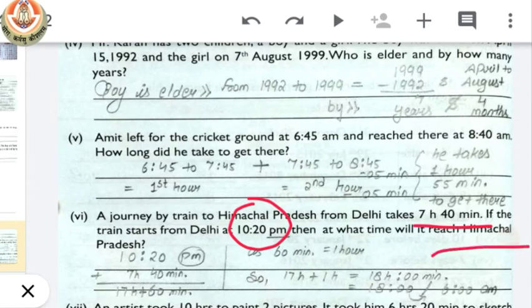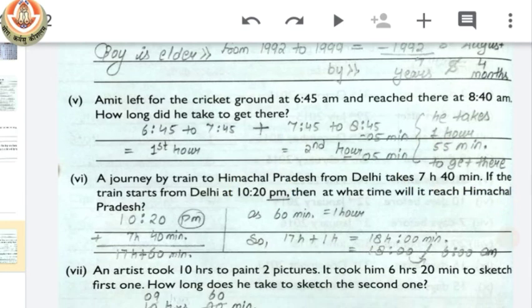So we have to add 7 hours 40 minutes to 10:20 p.m. Let's see how to solve it.